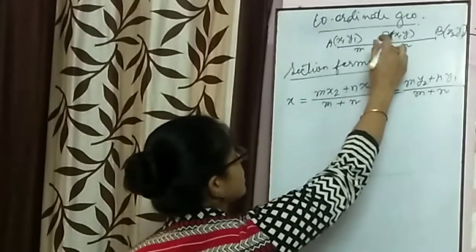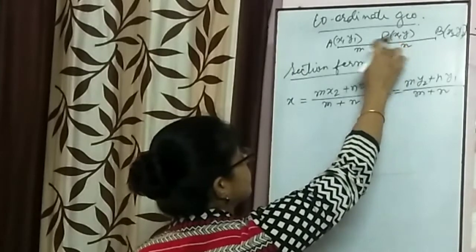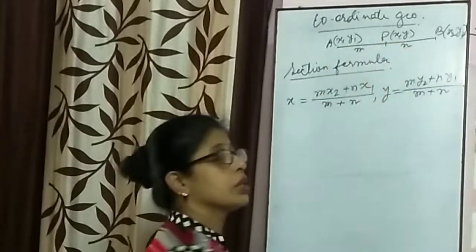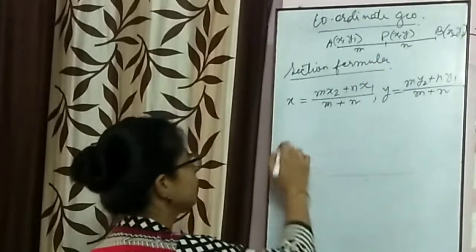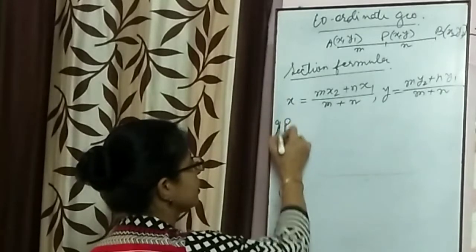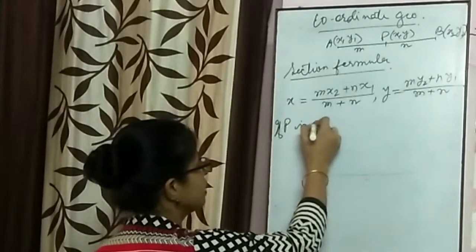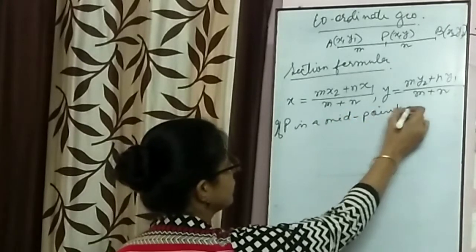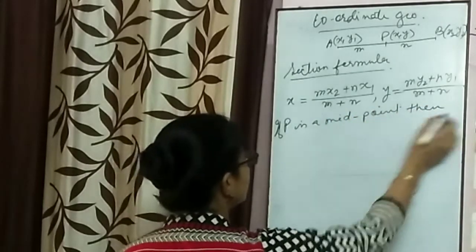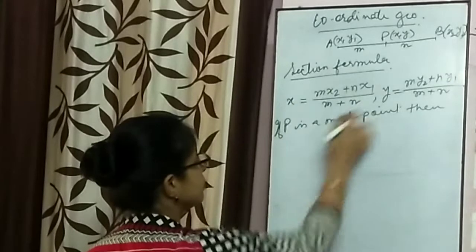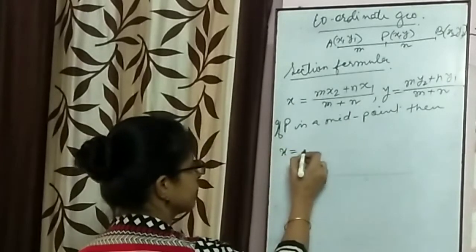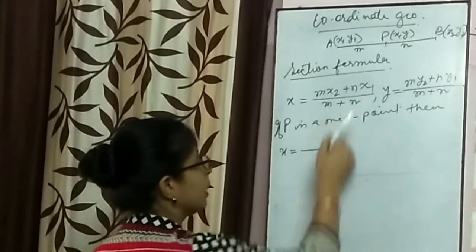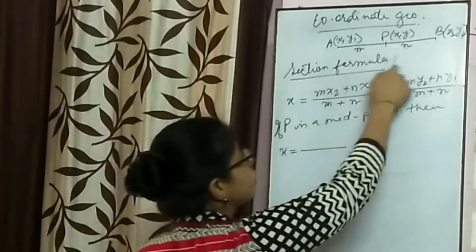Suppose this point, instead of being anywhere, is a midpoint. If P is a midpoint, then what formula will we get for both of them? m and n will be equal to each other.